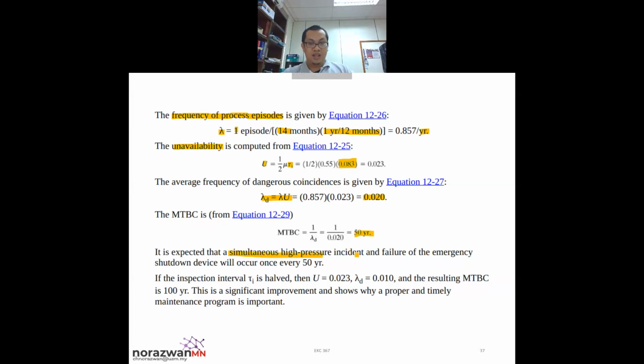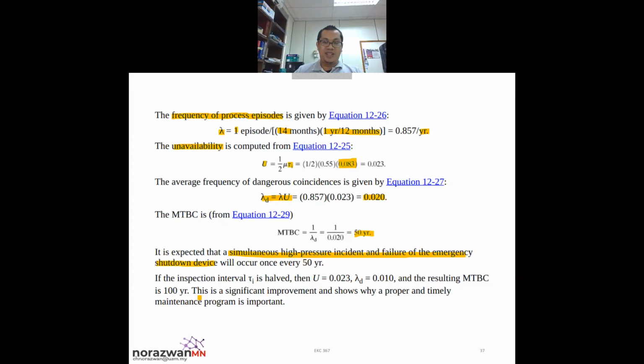A simultaneous incident and failure of the emergency shutdown device. If the inspection interval tau I is halved, then U is equal to 0.03, lambda d is 0.01, and the resulting MTBC is 100 years.